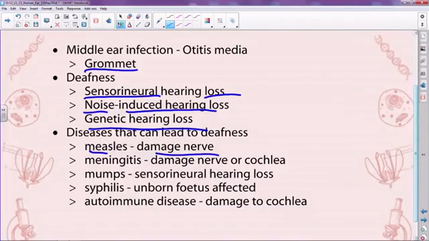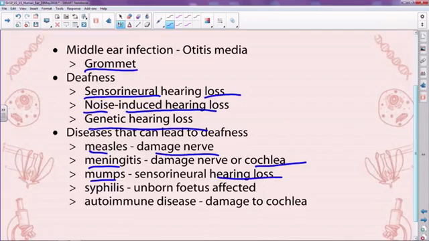You get different diseases that can affect it. You have measles that damage the nerves. You get meningitis that damages the nerves in the cochlea. You get mumps, which causes sensory neural hearing loss. It's also with the nerves, remember the auditory nerve.